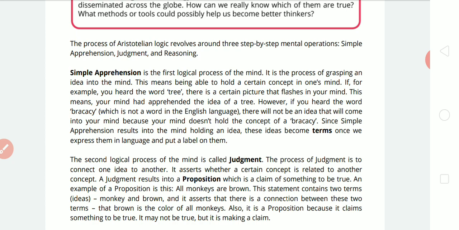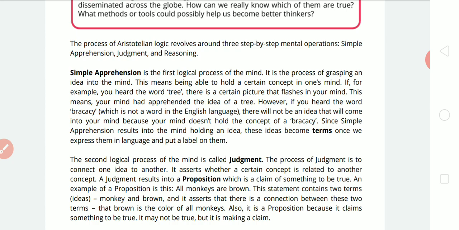For example, there is a statement that you already apprehended, or already agreed upon without even questioning it, so of course, you'll be able to express it in language, relate it or communicate it with other individuals, and put a label or description on it. So the second logical process of the mind is called judgment.